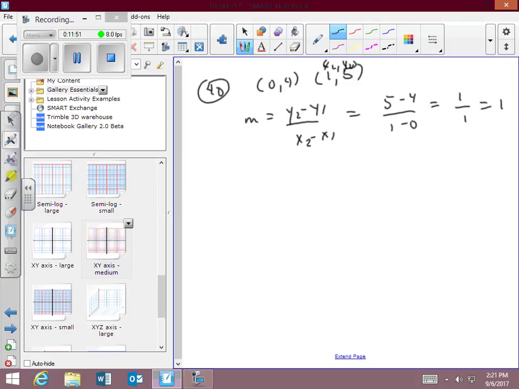Now, we either have to use this equation, that's called the point slope equation. The other equation, which we were using for the previous 38 questions, was slope y-intercept.